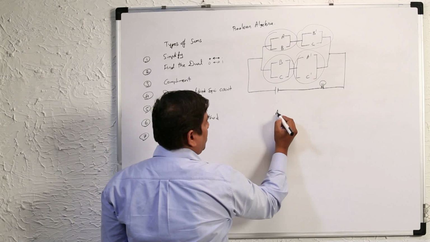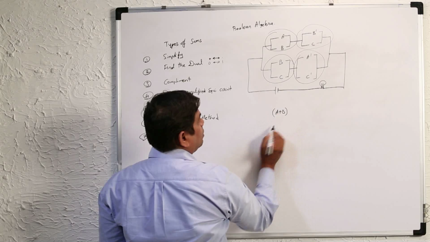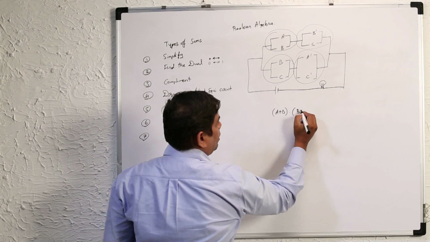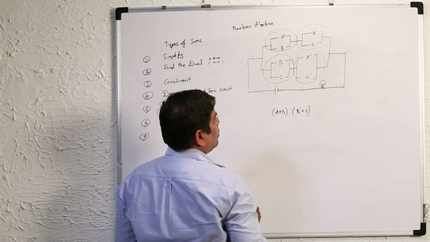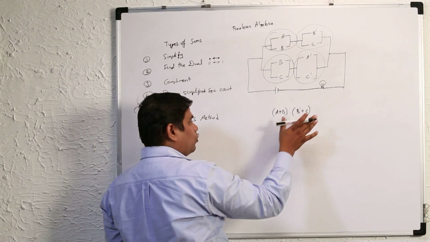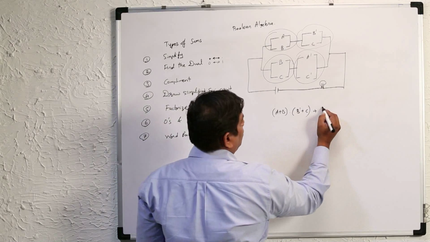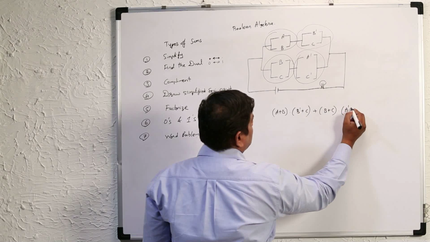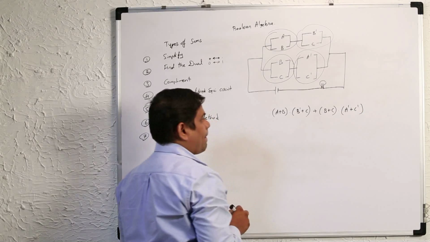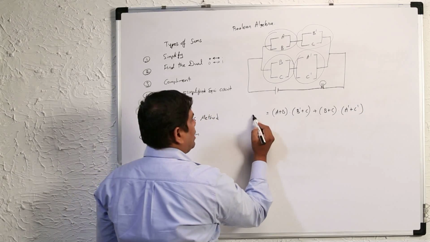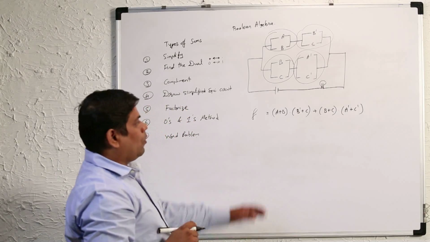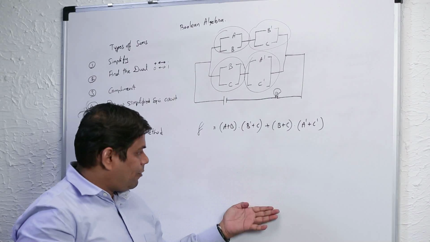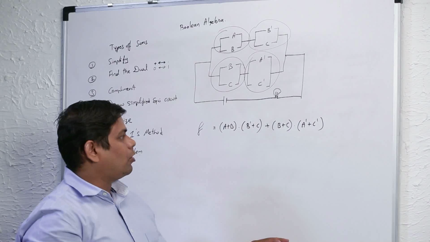First is A plus B, which is connected in series, that is dot, with the parallel circuit of B dash plus C. Now the whole thing is connected in parallel with B plus C, which is connected in series with A dash plus C dash. Okay, so this is your expression, or we can write the function f. Now with the help of Boolean algebra, we are going to simplify this, get the final answer and draw the simplified circuit of that.